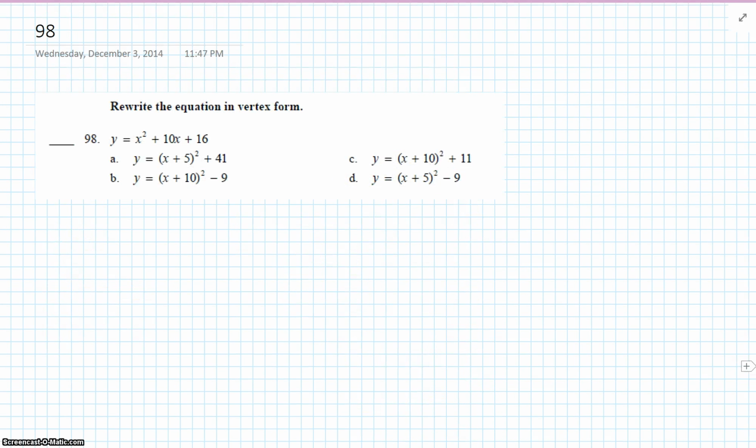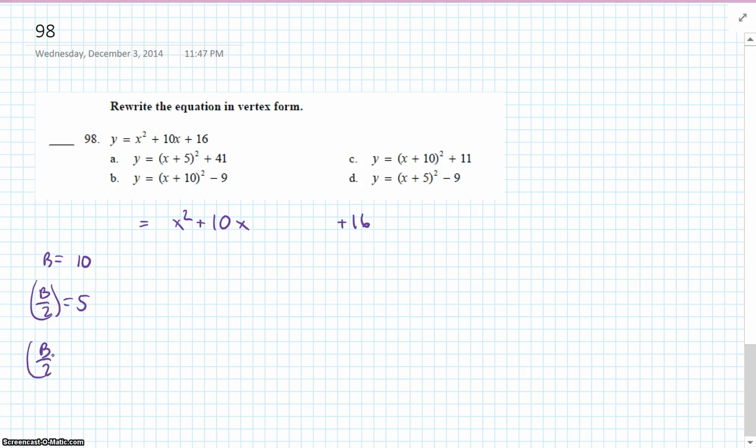Okay, 98. Rewrite the equation in vertex form. All right, we're going to complete the square. So I'm going to rewrite this as x squared plus 10x, and then I'm going to put over here plus 16. All right. My b value is 10. My b over 2 value is 5.